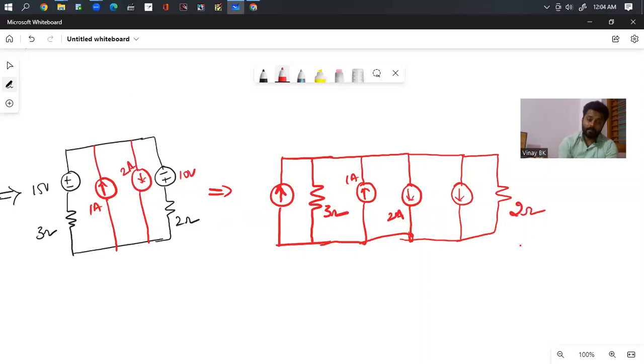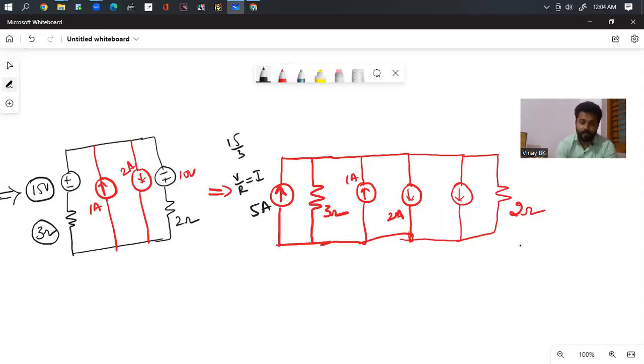I kept the two transformed current sources empty for now. So this current I is given by V by R, where V is 15 volts and R is 3 ohm. 15 divided by 3 is 5 amperes of current flowing here.